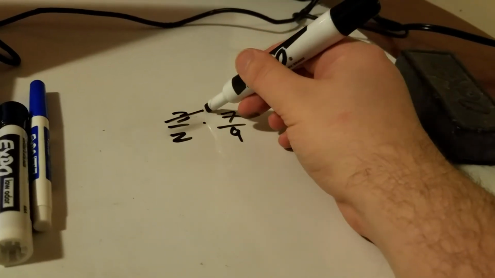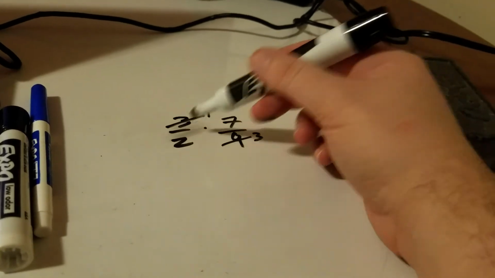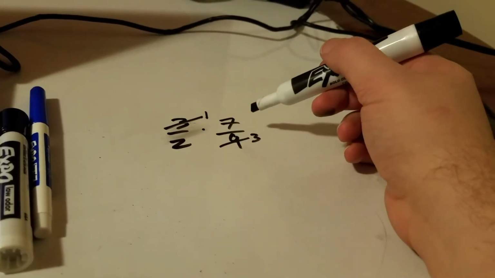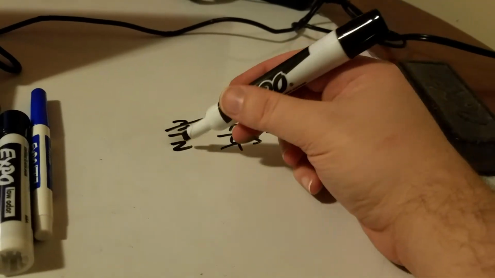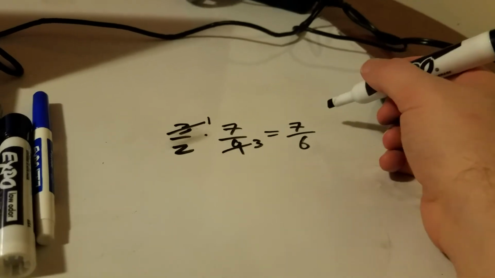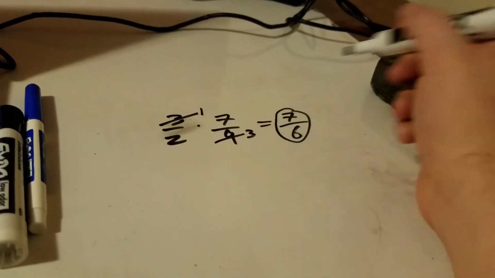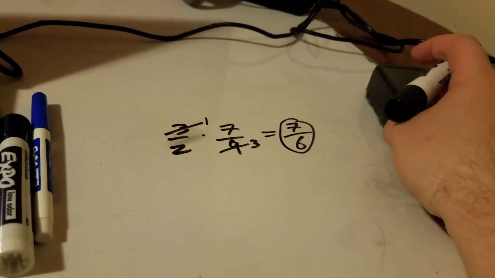I can turn that into a 1, turn this 9 into a 3. And there's not much to be done with 7 and 2. So I have 7 times 1, which is 7. And then I have 2 times 3, which is 6. And if I can, I simplify again, but we know that we can't, so this is just 7/6. Okay, so multiplying fractions is the easiest of the operations, but hopefully that helps you along.